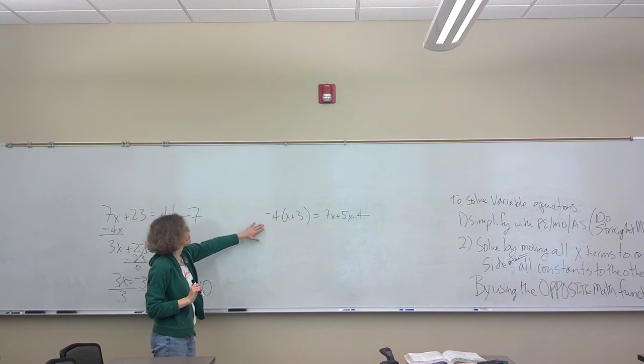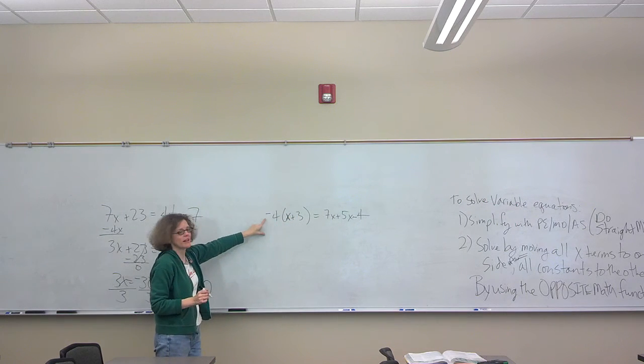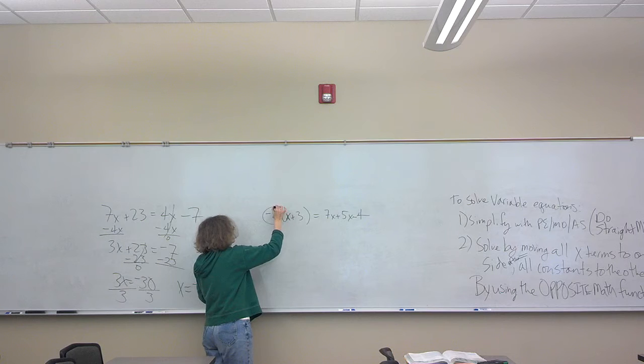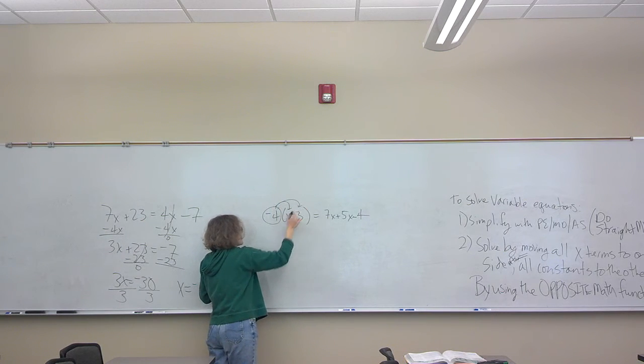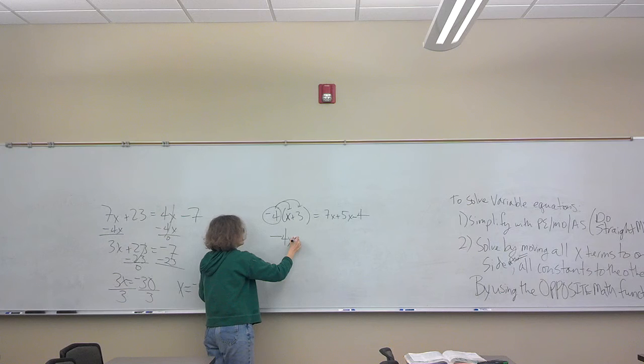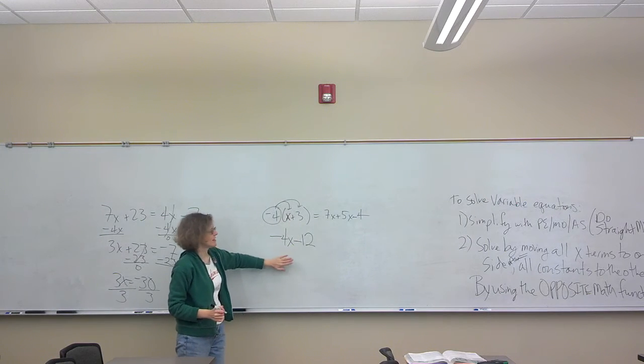If you ever have a minus sign outside one of these parentheses, like we have a minus 4, this minus is like a bratty little kid that you wish you could dump somewhere, but you have to take it with you. So you're going to have to times this whole thing through this parentheses, because you can't add or subtract a variable and constant. So you get a negative 4 times x is negative 4x. A negative 4 times a positive 3 is negative 12. So now we have over here our x term and a constant, so this side is simplified.